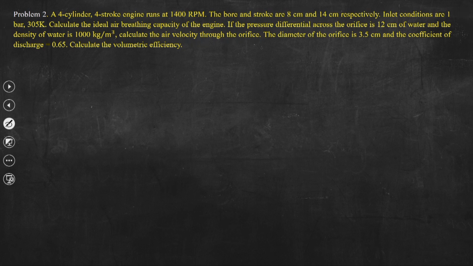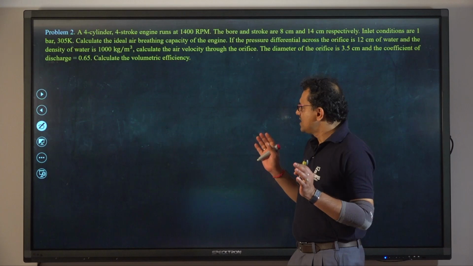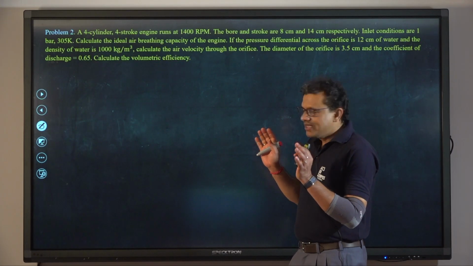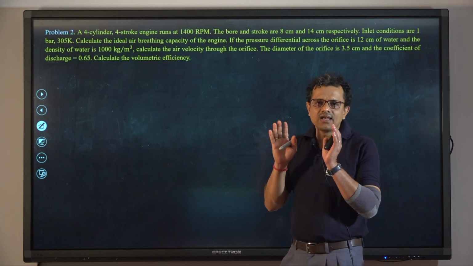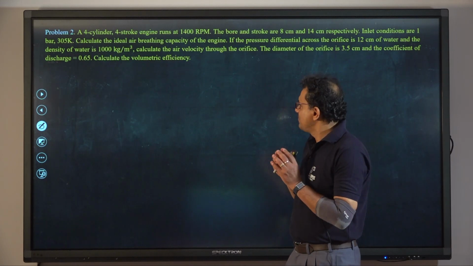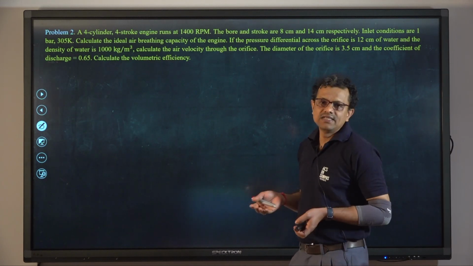Calculate the volumetric efficiency. So there are 3 different parts. Essentially we need to calculate volumetric efficiency, but to calculate it we need to know the actual velocity of air through the orifice and also the air breathing capacity of the engine.